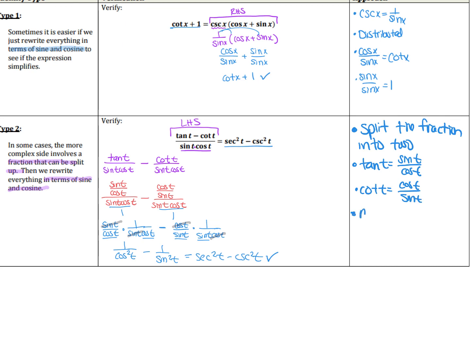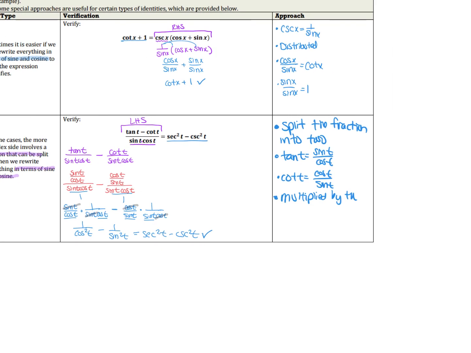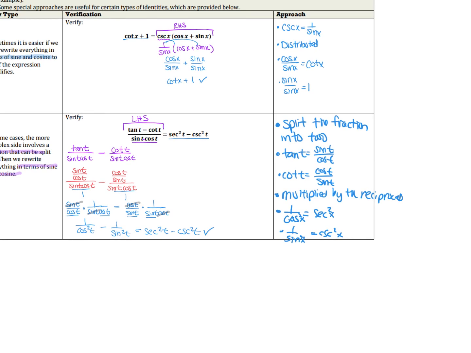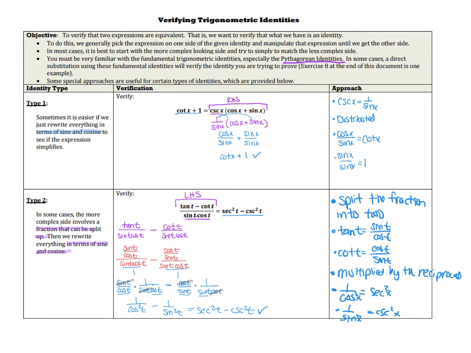Then we multiplied by the reciprocal. And then we knew that 1 over cosine squared is secant squared, and that 1 over sine squared is cosecant squared. So these are just two strategies. We're going to talk about two more strategies, but these are just two strategies we could use to verify trig identities.